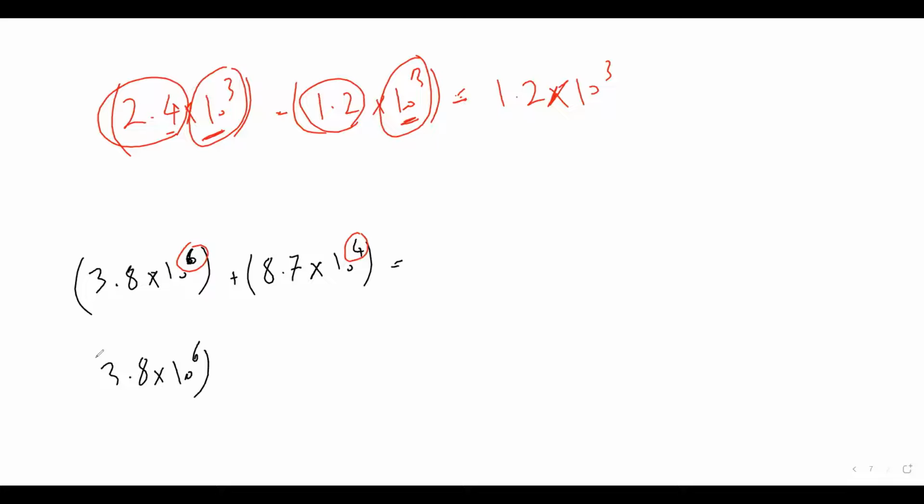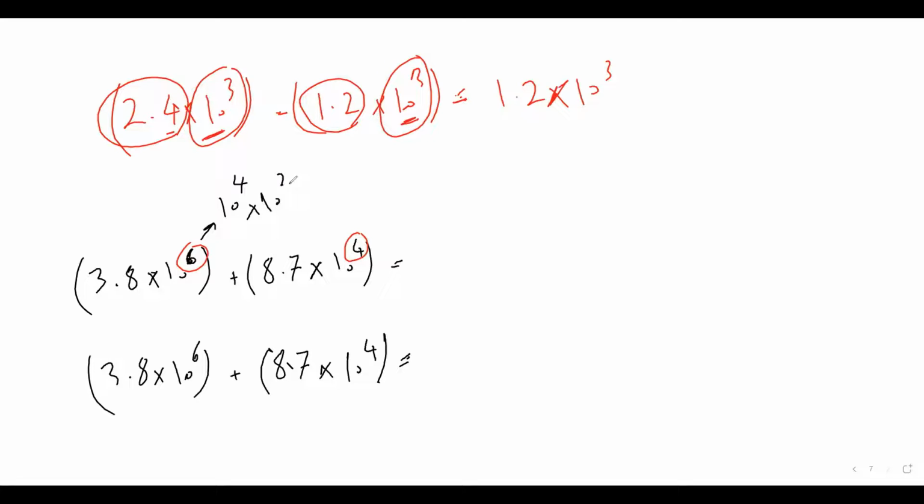Okay, so I'm gonna copy down the question here as well. Now, what I'm going to do, I'm going to change this 6 to 4. If you do that, so basically you rewrite this as 10 to the power of 4, right? And then times 10 to the power of 2.